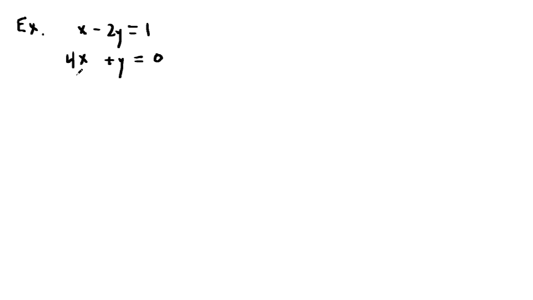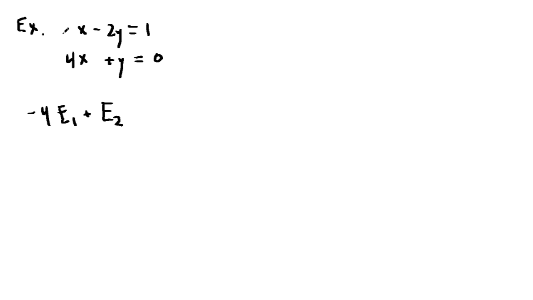What we want to do here is try to get rid of this x variable here. So let's do -4 times the first equation, add that to the second equation.